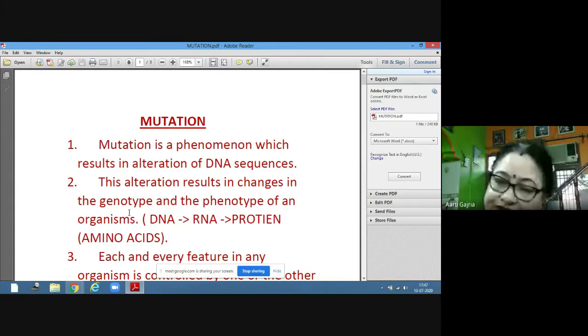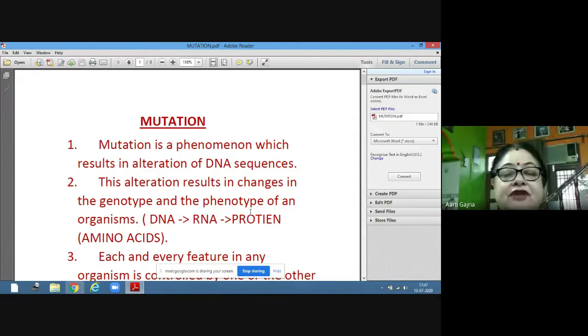Suppose the genotype is TTRRBB. Due to the mutation, it may change into TTRRBA. So the change in the sequence happens, and because of this change in the sequence, the genotype is changed, and this genotype would result in the change in the phenotype, which we can notice externally.